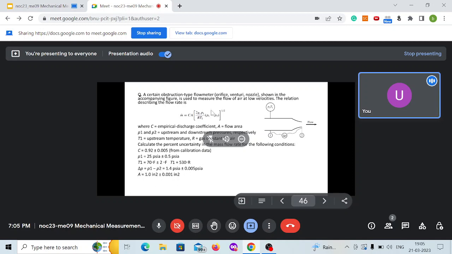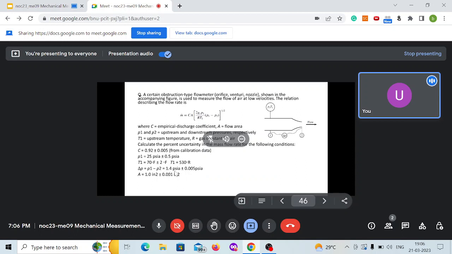Delta P is also given: P1 minus P2 is 1.4 psi plus or minus 0.05 psi. The area is given as 1 inch square plus or minus 0.01 inch square uncertainty. So the area uncertainty is directly given.